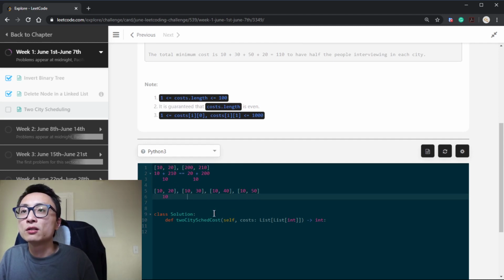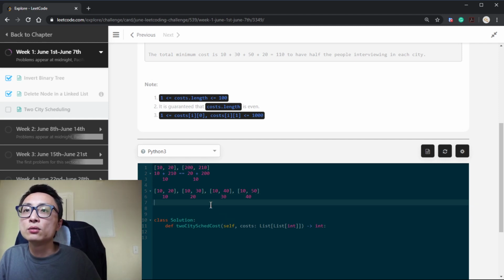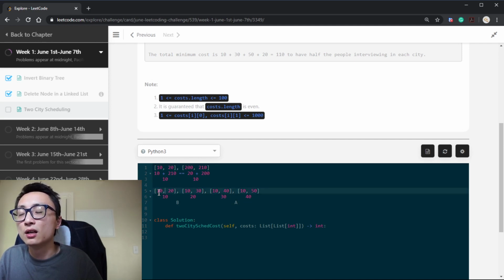If we take the differences, 10, 20, 30, and 40, the thing we would want to do is put the latter 2 to city A, so that we incur $70 of savings compared to flying those 2 people to city B. For the first 2 people, we want to fly those to city B. Even though individually, sending the first person to city A actually saves money, globally, as a whole, this would only cost $30 more. But if we choose any one of those people to fly to city B, the cost is larger.